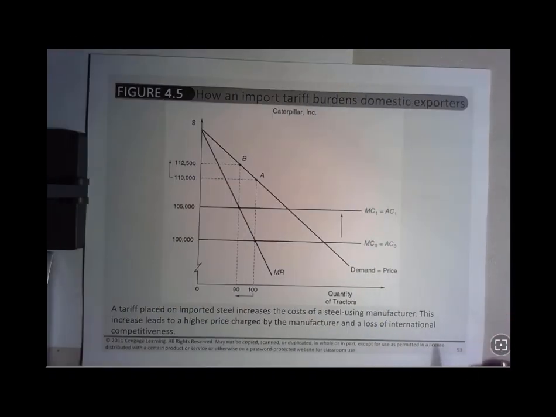Figure 4.5 illustrates how an import tariff burdens domestic exporters. The underlying scenario is, assume a domestic producer that needs to import components to make its final good in the home nation. So if those inputs are charged higher prices, what's going to happen?